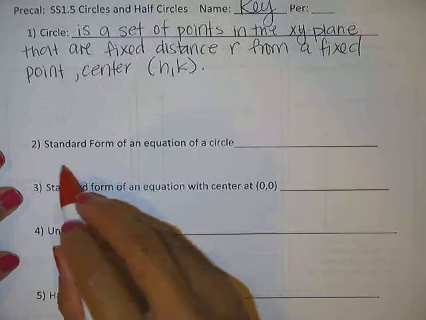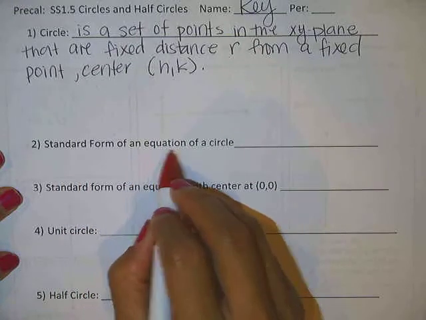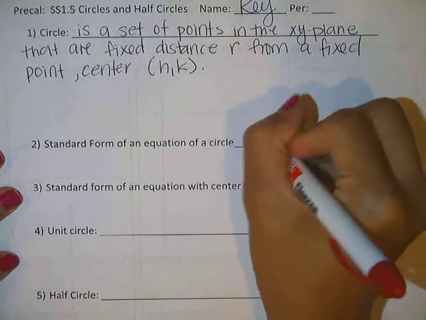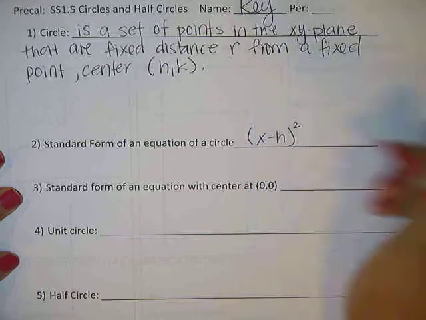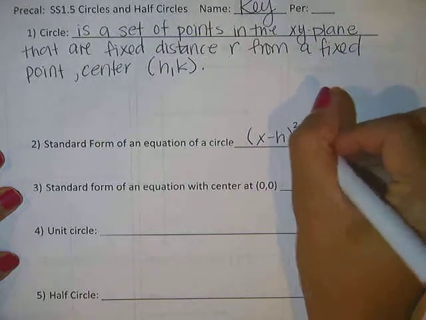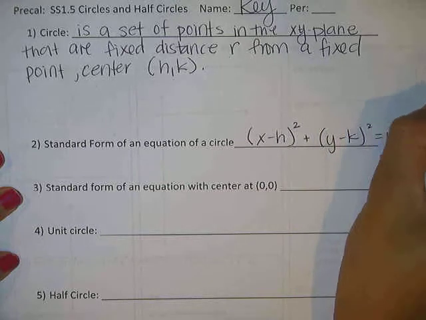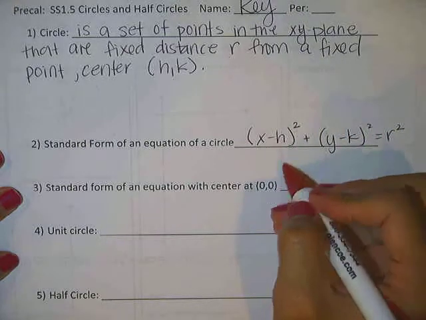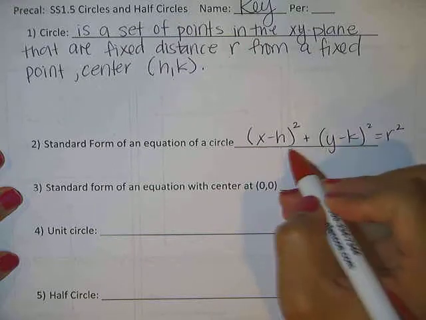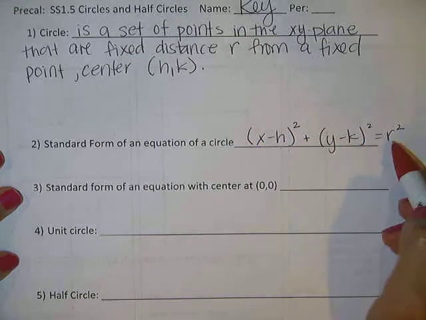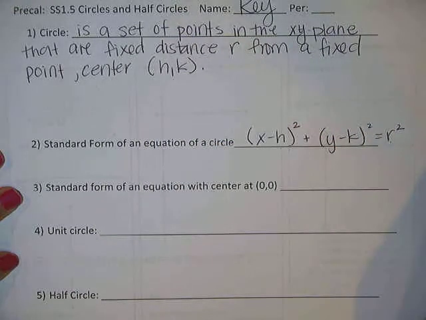Okay. So the standard form of an equation of a circle is x minus h squared plus y minus k squared equals radius squared. And as you remember, h comma k is the center, r is the radius.